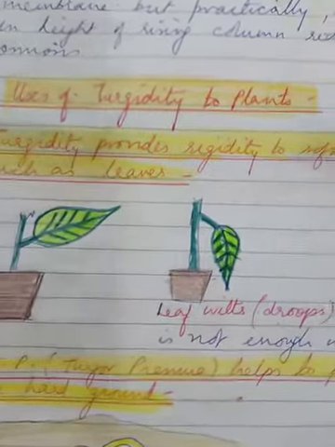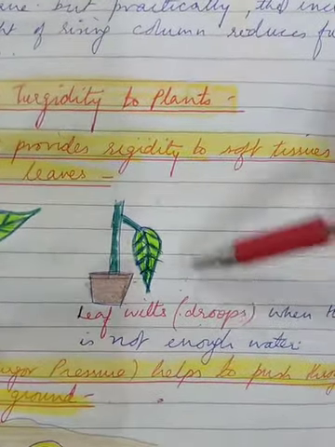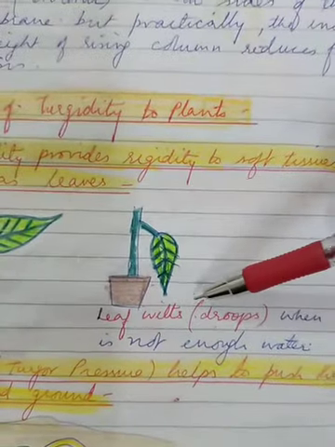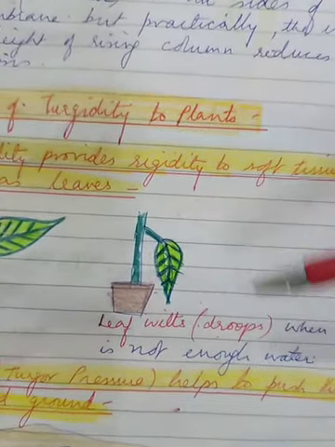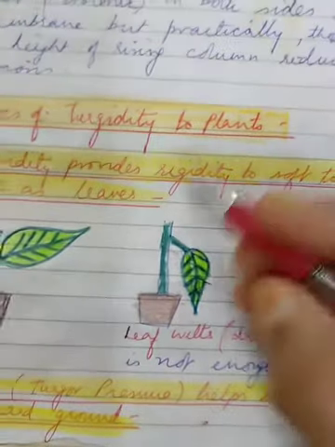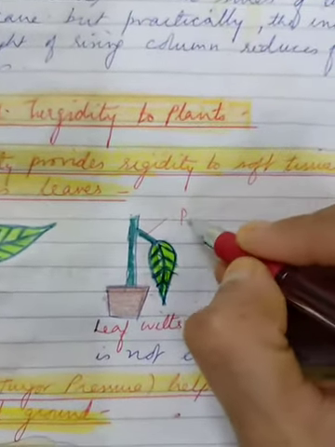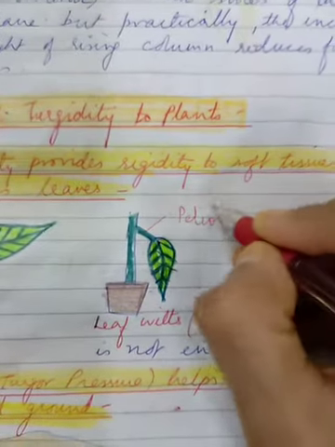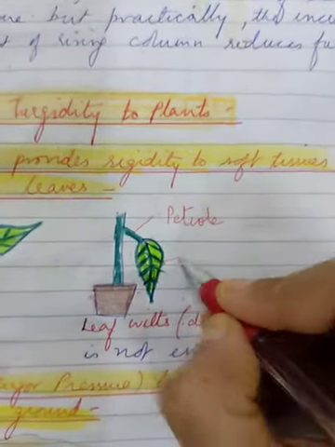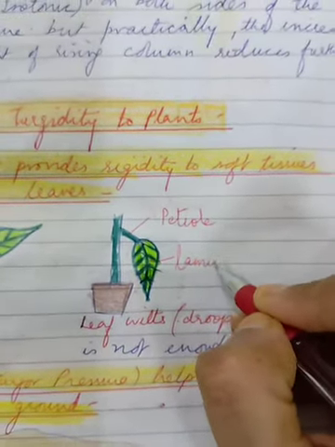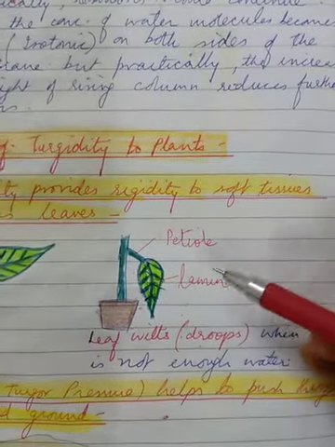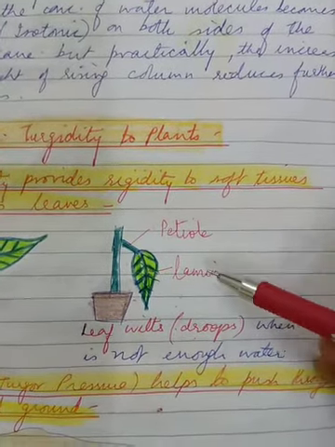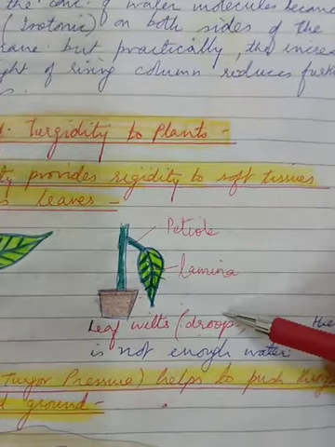But when there is not enough water, a condition develops which we call wilting or drooping, right? In this case, we can see the petiole. This attachment is called the petiole, right? And this broad portion, the leaf blade, is called the lamina. So here we can see that the petiole and the lamina become loose and the leaf drops, right?